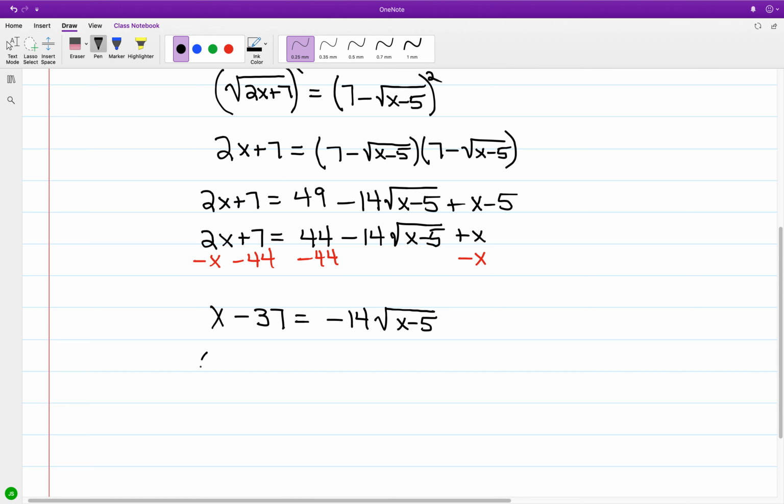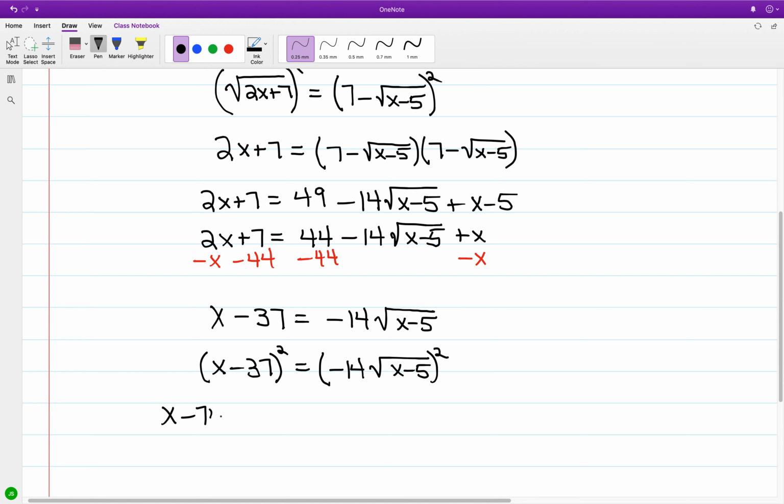And taking what we have and squaring, we have the square of x minus 37 is equal to the square of negative 14 times the square root of x minus 5. And squaring out x minus 37, this would be x minus 37 times itself.